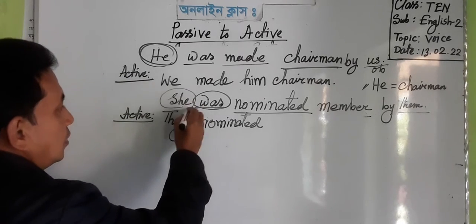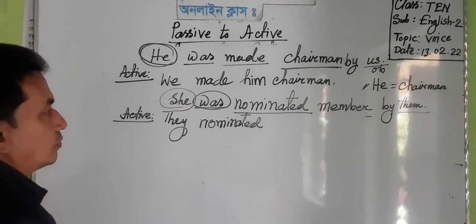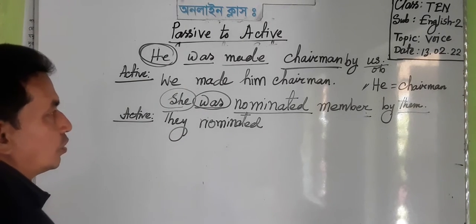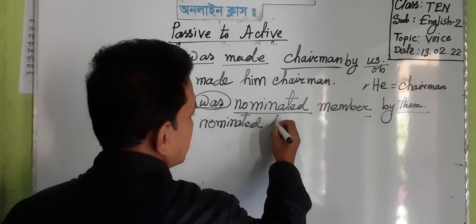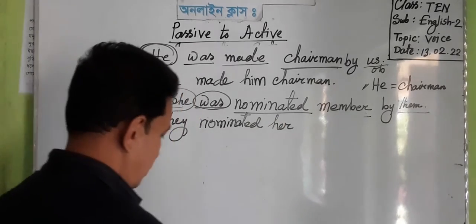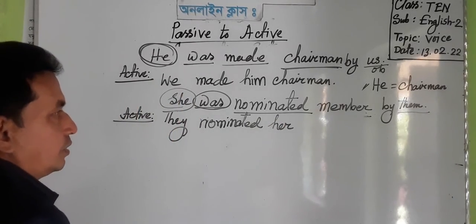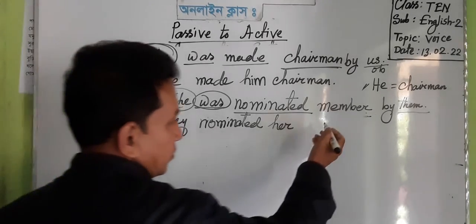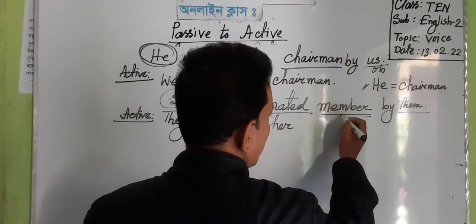She is the subjective form, and we have to change the subjective form into object one, such as her. Her is the objective form, and they nominated her member. Member is the factitive object.